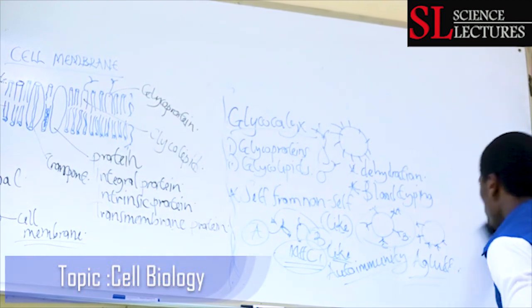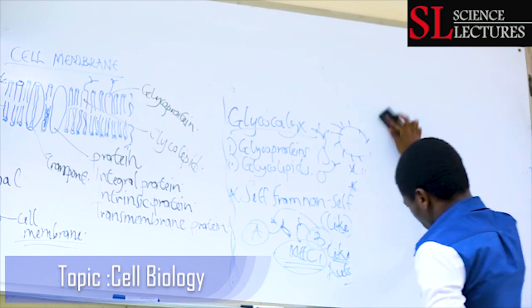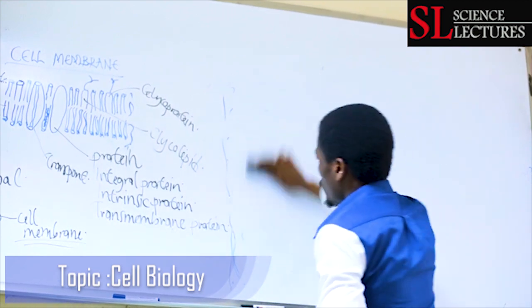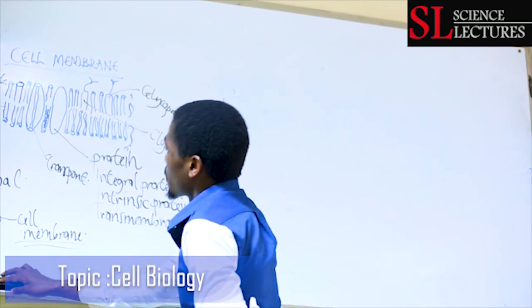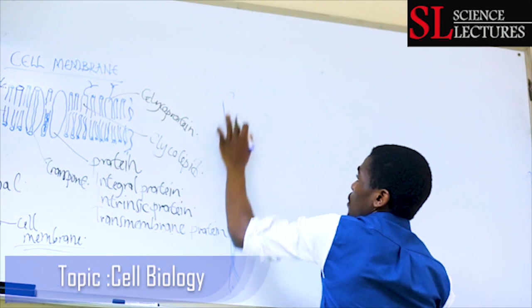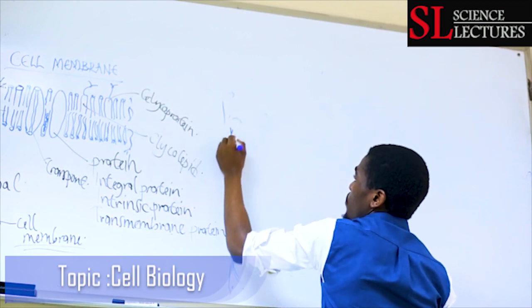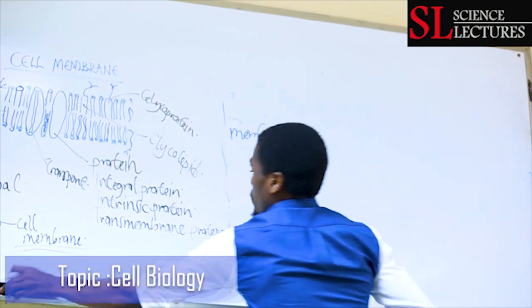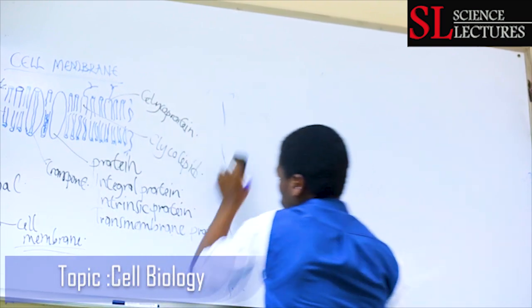Then finally, let us look at the third component of the cell membrane, and those are the membrane proteins. We are going to look at the membrane proteins.